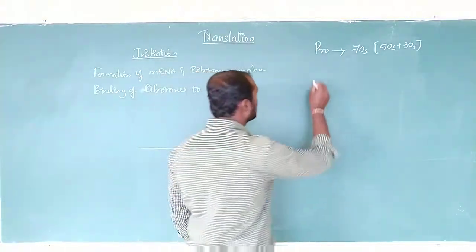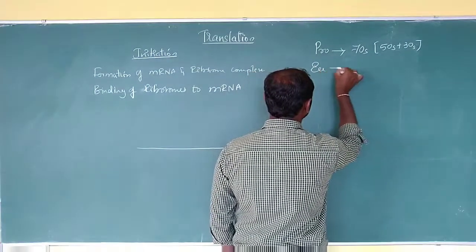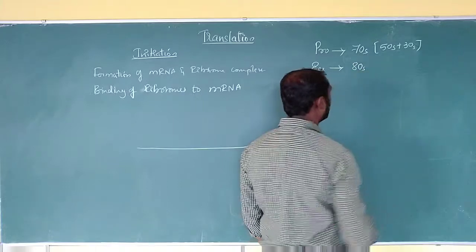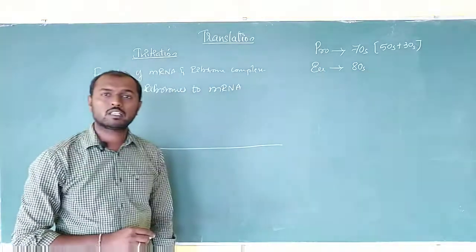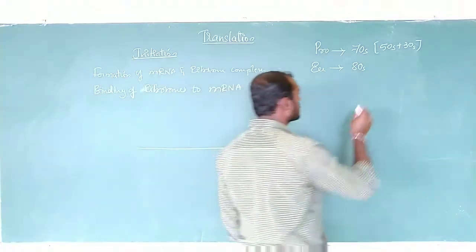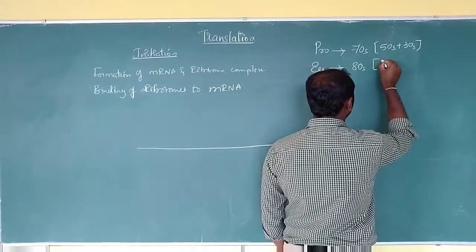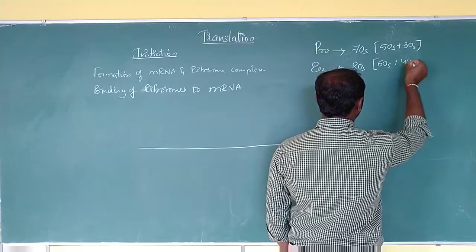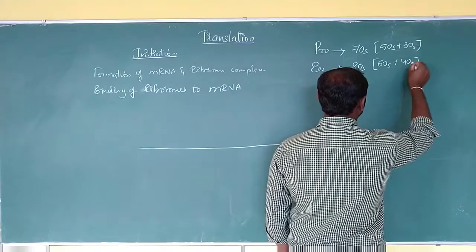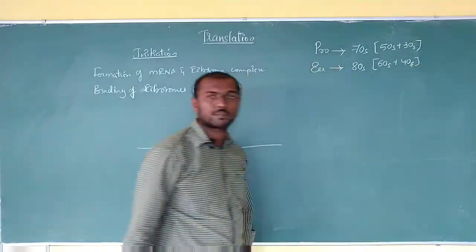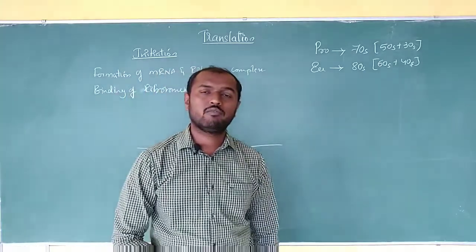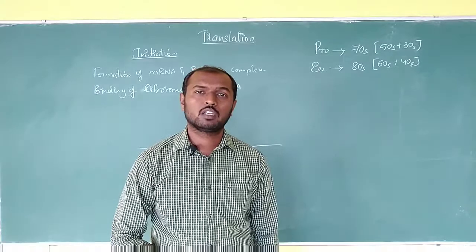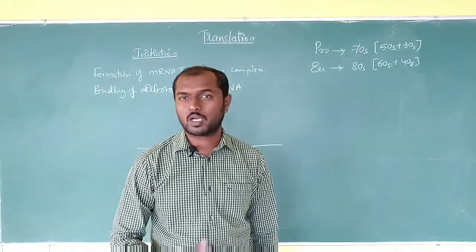In eukaryotes we get 80S ribosomes, where the larger subunit is 60S and the smaller subunit is 40S. So the 60S large and 40S small subunits make up the eukaryotic ribosome.